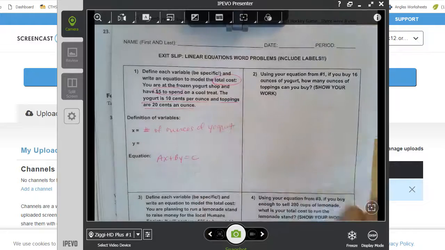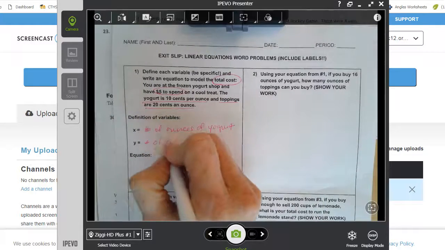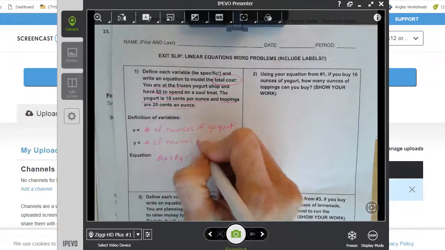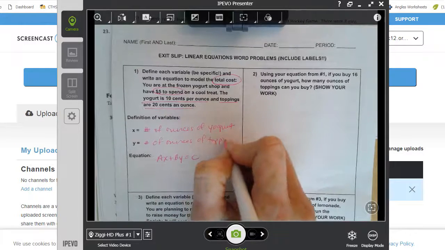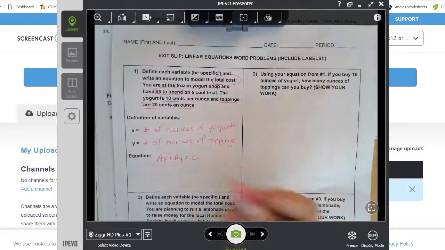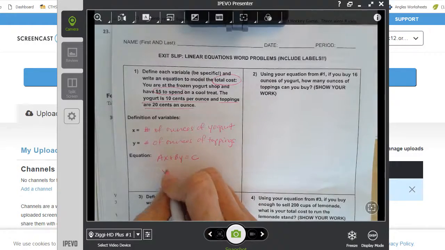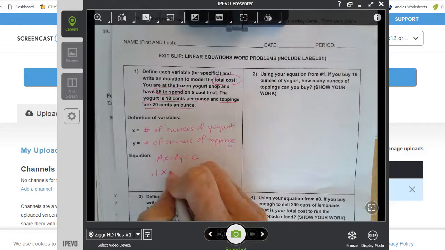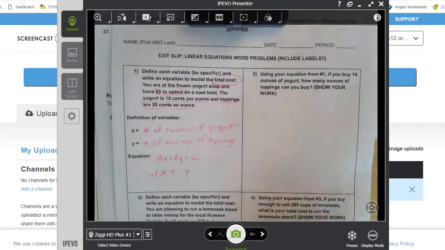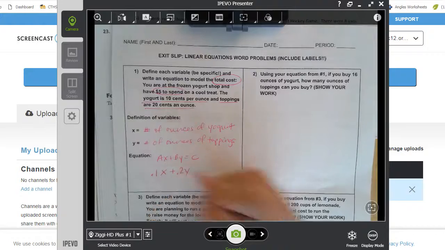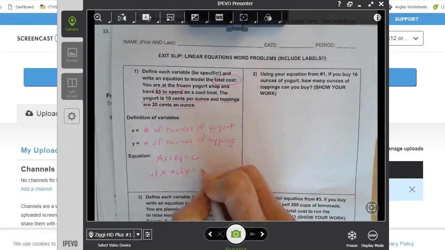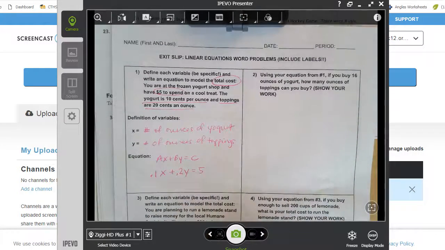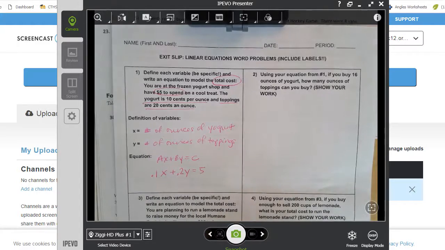I'm going to define Y to be the number of ounces of toppings. If I assemble my equation, I've got some number of ounces of yogurt, each of which costs 10 cents, plus some number of ounces of toppings, each of which costs 20 cents, and the total I have to spend is $5. So that would be my equation.